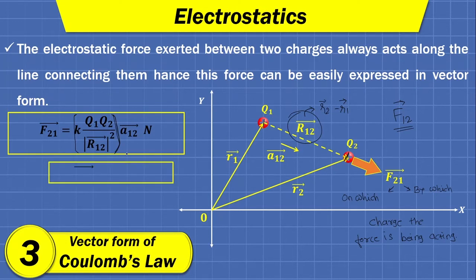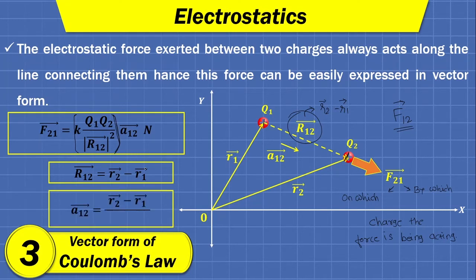We can also say that the distance vector between q1 and q2 is represented by r12 bar, which equals r2 bar minus r1 bar. So the position vector of the charge on which the force is being exerted is subtracted from the position vector of the charge due to which the force is being exerted.